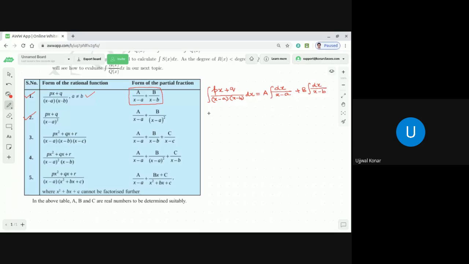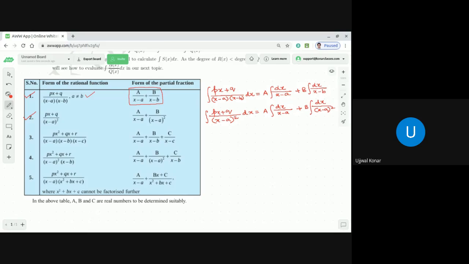Then you will find integration of (px plus q) divided by (x minus a) whole square dx. Correct, dear students? So that becomes capital A outside, dx by x minus a, plus capital B integration dx by (x minus a) whole square. Integration dx by x minus a, you already know, is ln of mod x minus a.